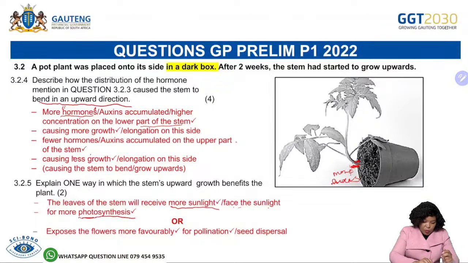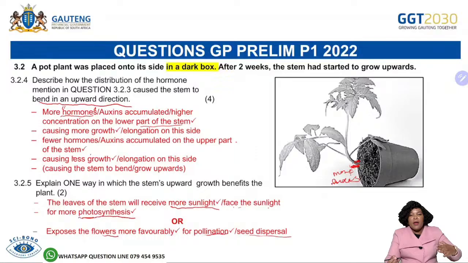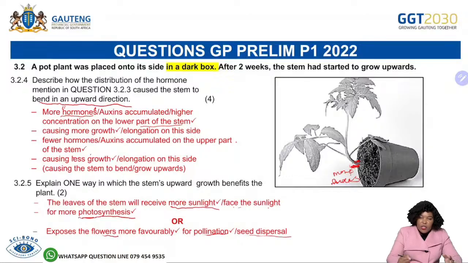Or you can say that it exposes the flowers in a more favorable position for pollination or for seed dispersal. Remember, you want your plants to keep on pollinating to form other species, right? So we are going to take a break from this question, and then we will continue with the next question after this.